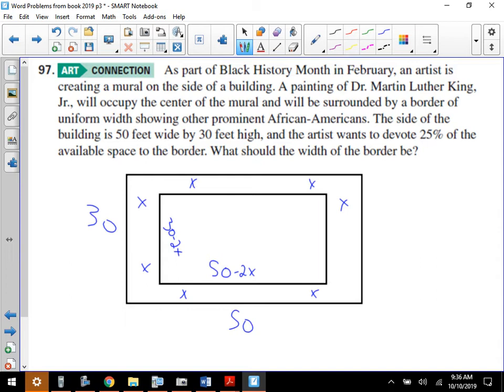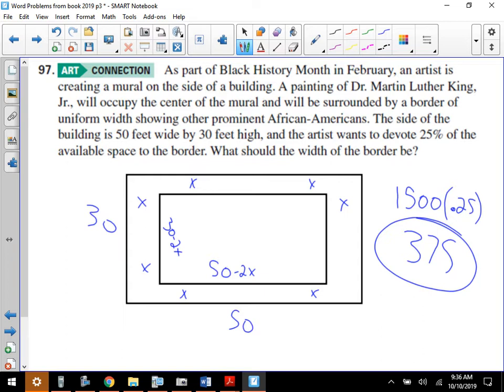And then it said that you wanted the border to equal 25% of what the actual area is. So 25% of 1500, and it was 375. Okay. Now, they're asking you to figure out the border.